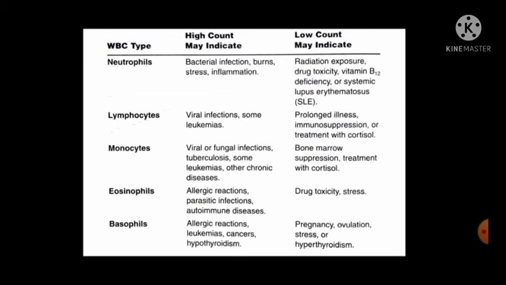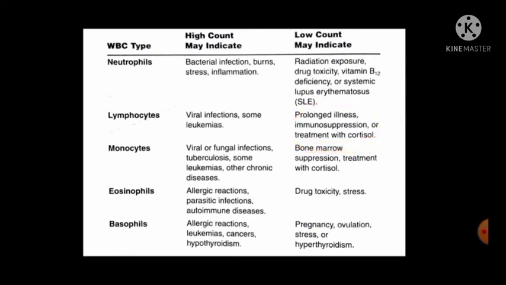Lymphocytes increase because of viral infection and some leukemias, meaning a decrease in the count of RBCs, or an uncertain increase in the count of WBCs, called leukemia. Prolonged illness, immunosuppression or treatment with cortisol cause lymphocytes to decrease.